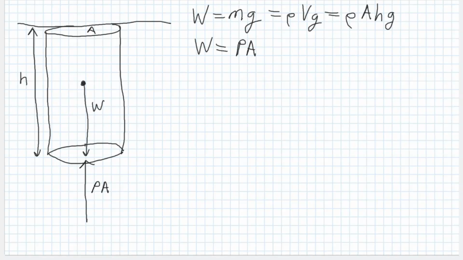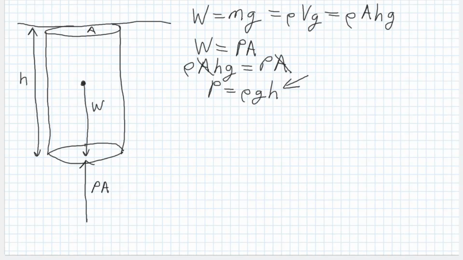We can substitute for weight what we just did before, and we see that the area of the cylinder is on both sides, so that goes away. And if I collect like terms, I see that the pressure is equal to the density times the acceleration of gravity times the height of my object in the fluid.